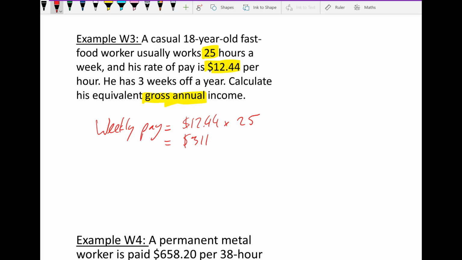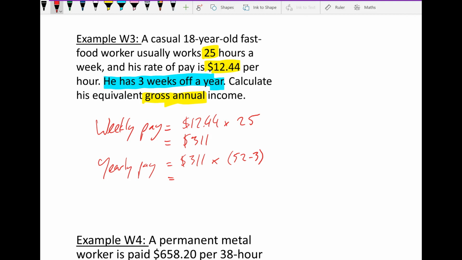And now his yearly pay then. Okay, how many weeks are there in a year? Well, there's 52. Okay, so it's going to be 311 times 52, but he takes 3 weeks off. Okay, so how about we do this? We do 311 times 52, take 3. Because we know he's casual, he's not going to get paid for that time.